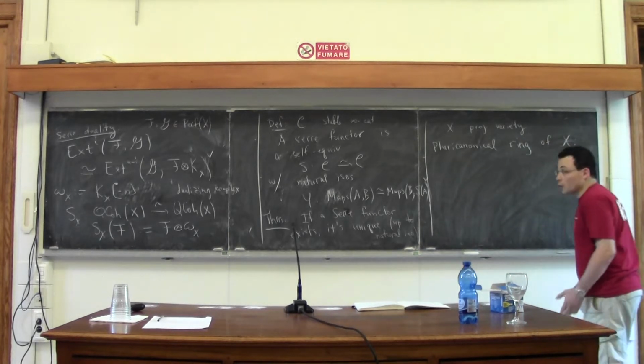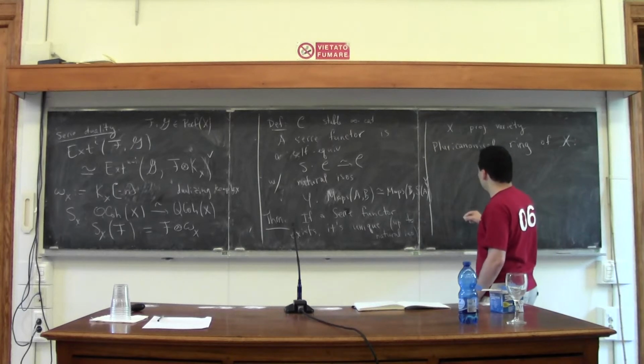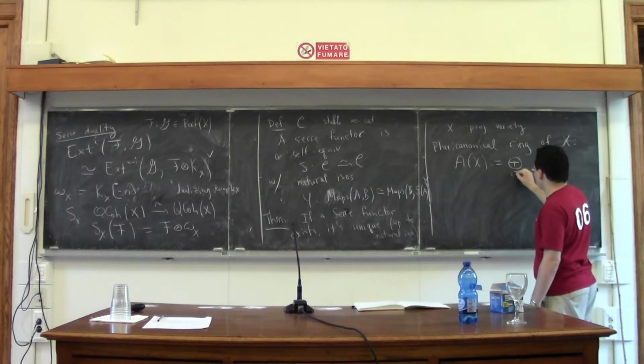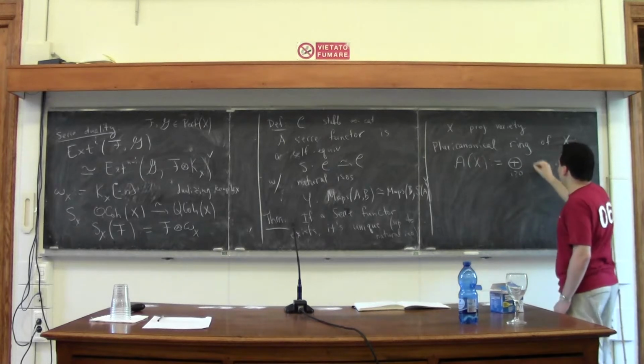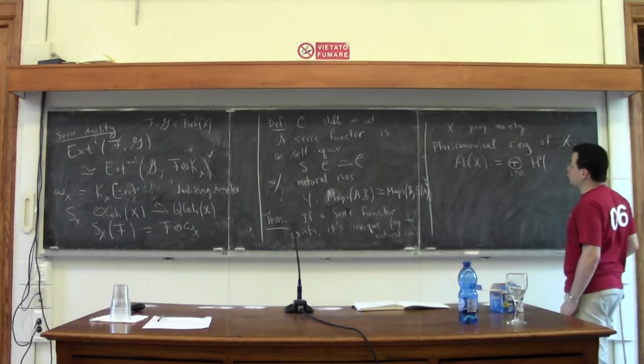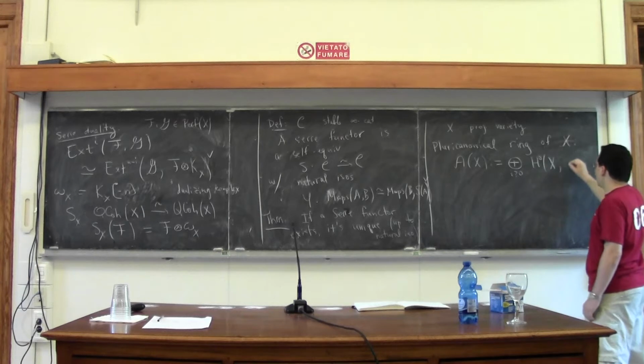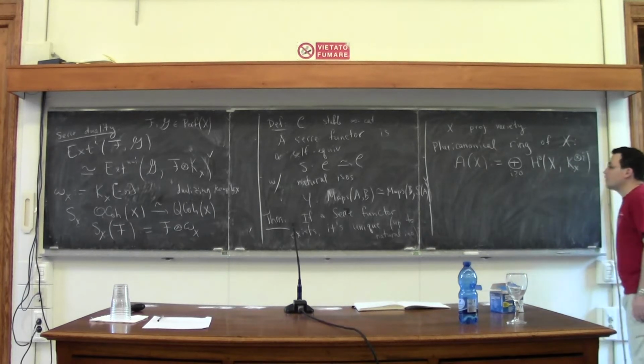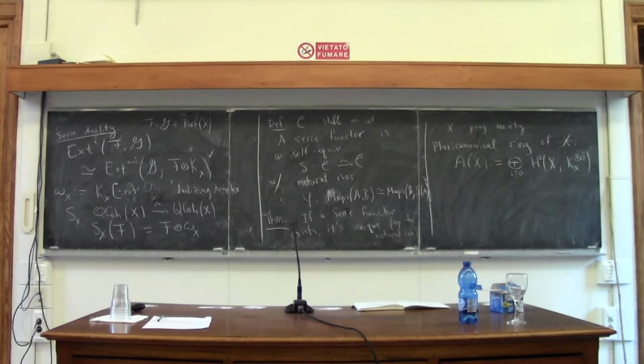So we can do the following. We can take the direct sum over all i of H0 of X, K_X tensor i. It's a perfectly fine ring.